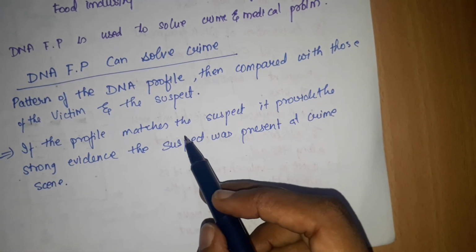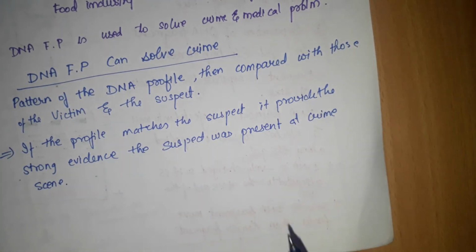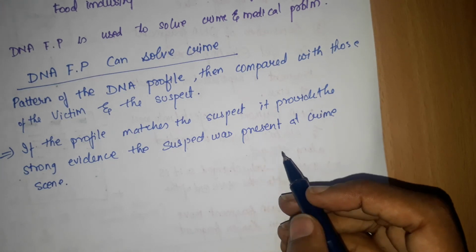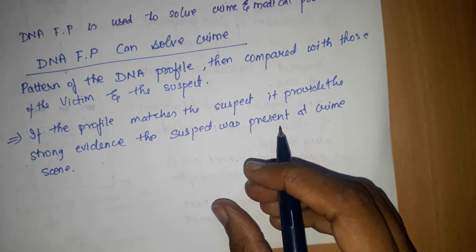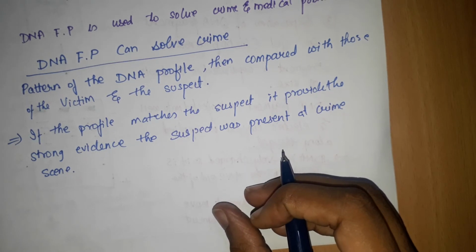The match of the profile with the suspect does not mean that the person did that crime. It just gives the evidence that the person was present at the crime scene.